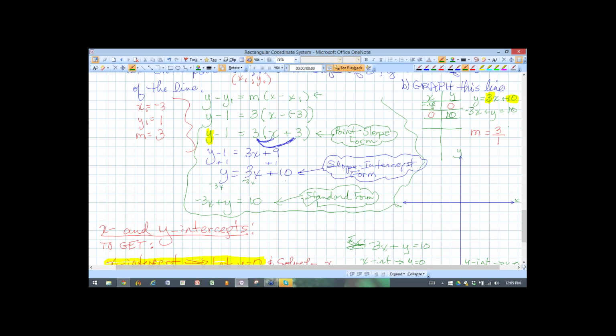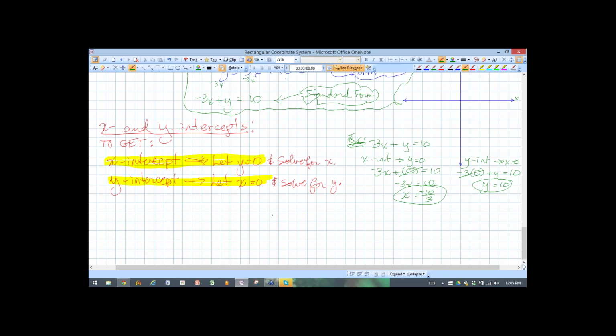Like, let's choose a negative x value, because I have positive 10, right? And let me tell you this, I didn't go that far when I drew the axes, right? I'm serious about this. So as you get experience, you're going to learn to choose wisely. This is what I'm talking about.